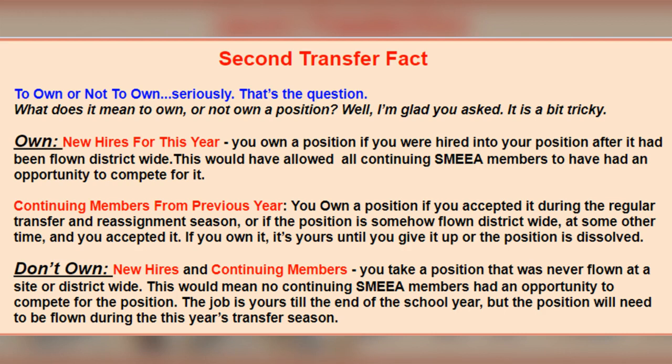If you competed in a position that was posted and you received it, then you own it. If you're new to the district, just came in last year, if the position that you currently hold had been posted at sites, nobody took it, posted district-wide, nobody took it, then HR essentially owns that position. They can put anybody they want into there, and that person would then own it, right?